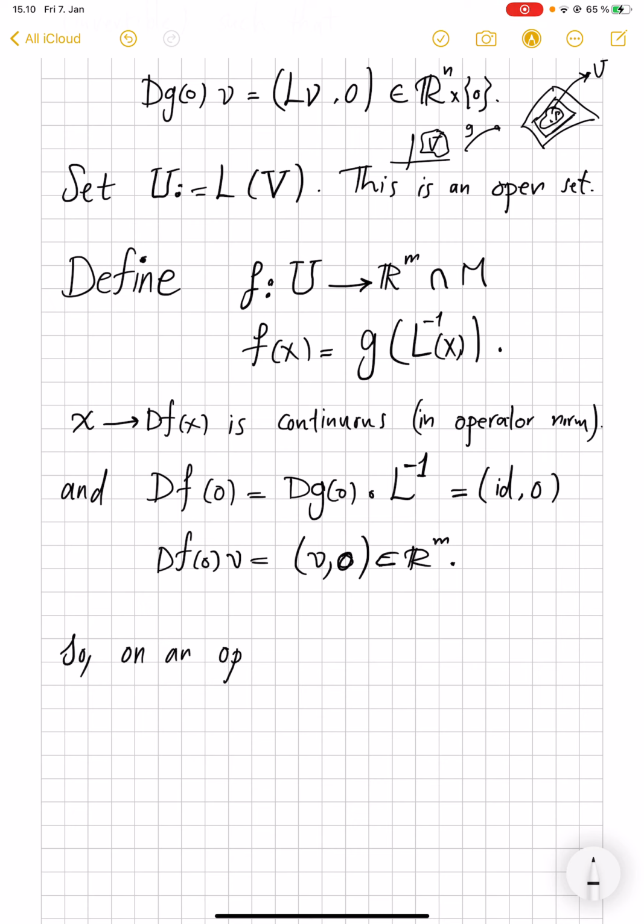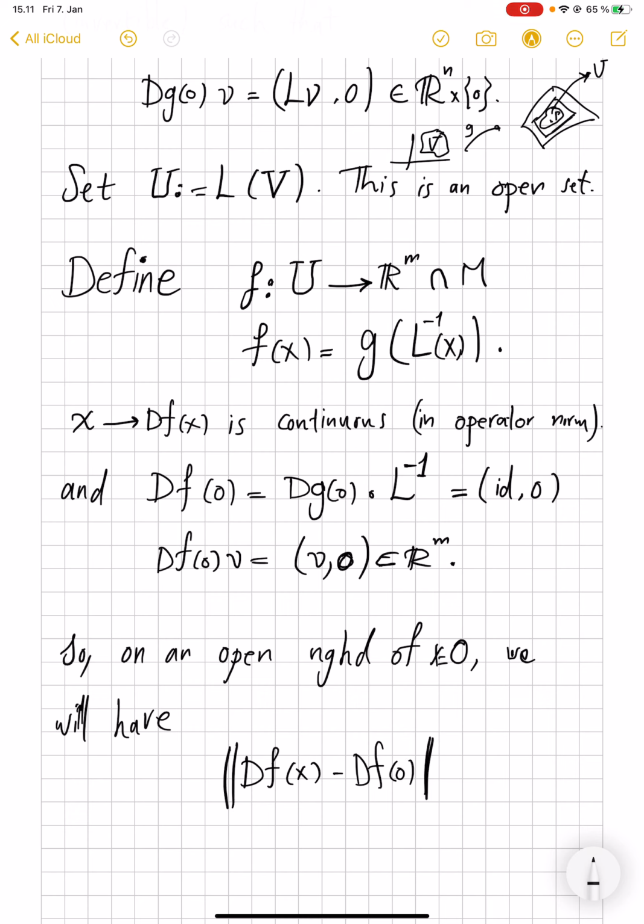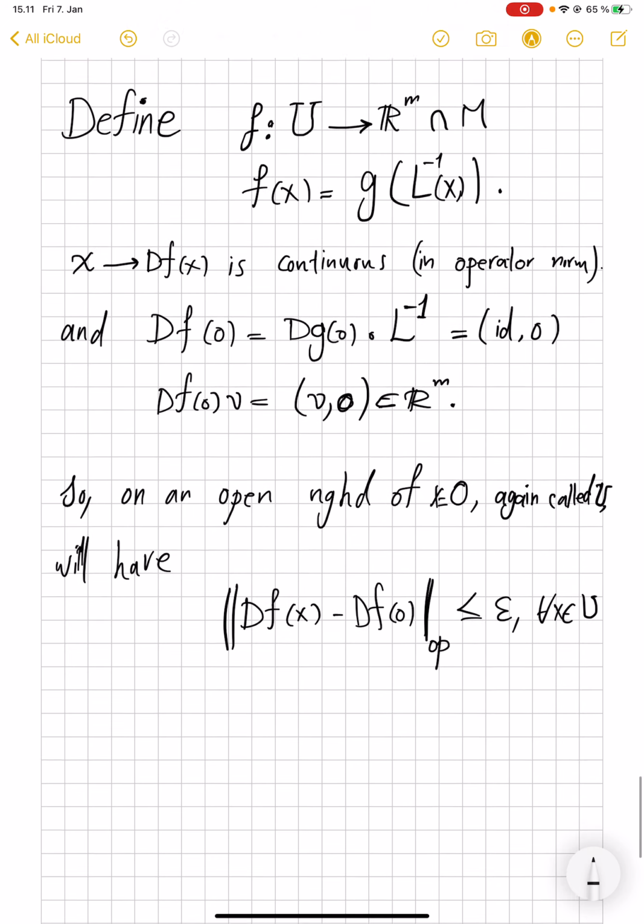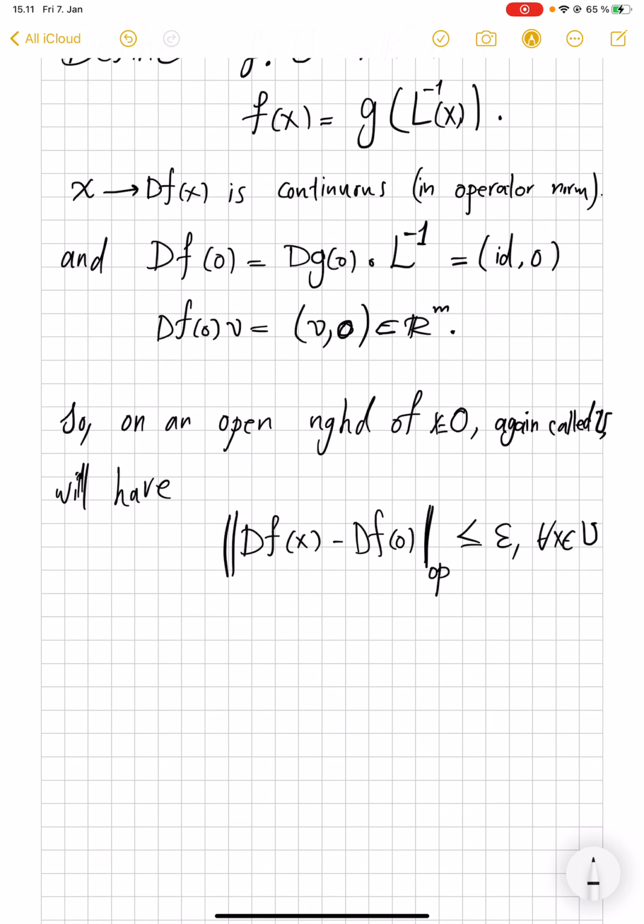On an open neighborhood of the 0, x equals 0, we will have that the norm of df at x minus df at 0 in operator distance is less than or equal to epsilon for every x in U. Again, we call this open neighborhood U. So we will keep changing U over the calculations, but every time we still call it a U. So we discard some part of our open set, but all of these would contain that origin 0.